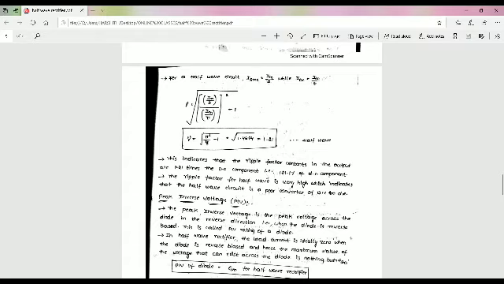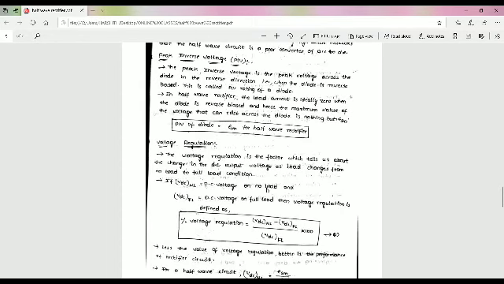So PIV of the diode equals E_sm, the maximum value of the secondary voltage, that is equal to pi times E_DC, where I_DC equals 0 for the half-wave rectifier. This is called the PIV rating of the diode. So the diode must be selected based on this PIV rating and the circuit specifications.